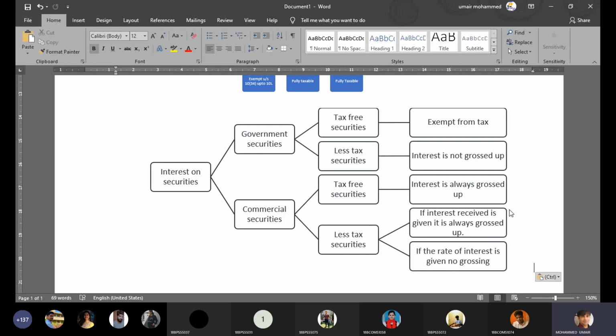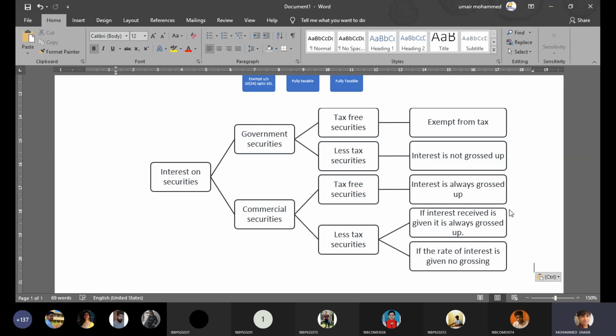Now it can be a public limited company, a statutory company, a private company, or a government company. Another interesting point is that commercial securities also include securities issued by local authorities. Local authorities include your BDA, Bangalore Development Authority, BBMP, municipal corporation, city development authorities.